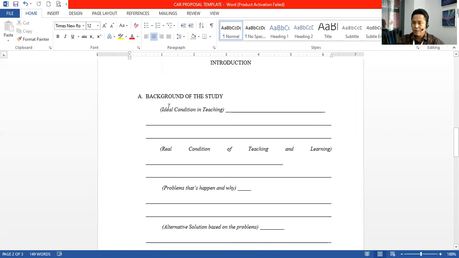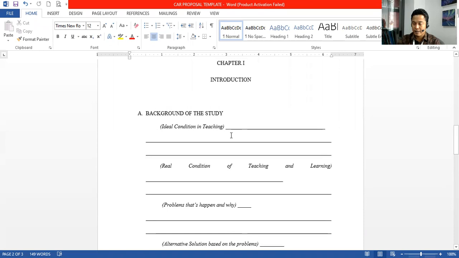What does ideal condition mean? It means what kind of teaching and learning is really relevant for the students, and what kind of teaching process can lead to successful teaching and learning that matches the learning aims. When you become a teacher and deliver your learning material, the majority of your students get the point and understand the material you deliver. That will be the ideal condition in the teaching and learning process.